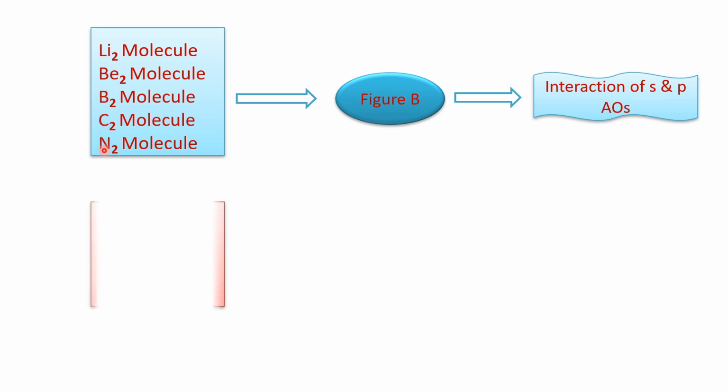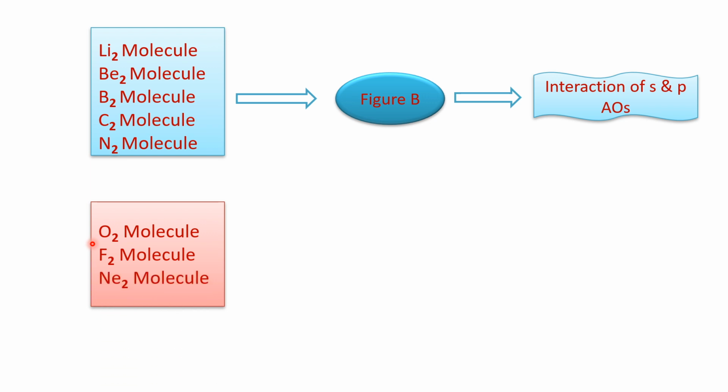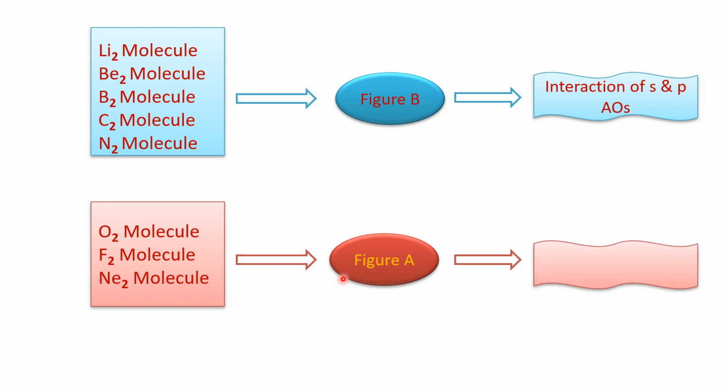Similarly, for the oxygen molecule, fluorine molecule, and neon molecule, for these 3 molecules, we have to follow the first figure. And what is the first figure? Figure A. Figure A indicates that there is no interaction of the s and the p atomic orbitals.